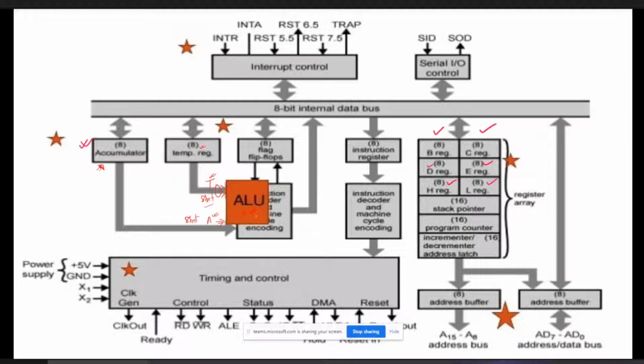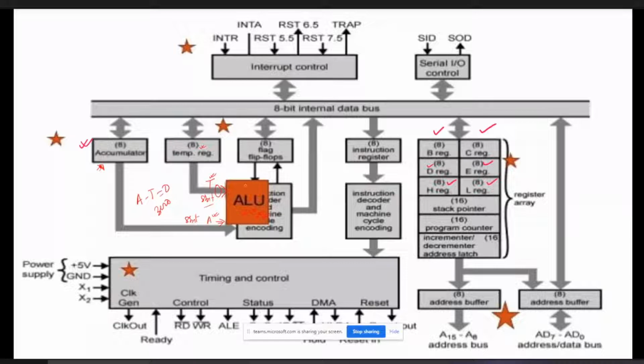Now, based on this arithmetic and logical operation, suppose we are subtracting 2 8-bit numbers, and both are the same. In that case, A minus temporary will be equal to 0.